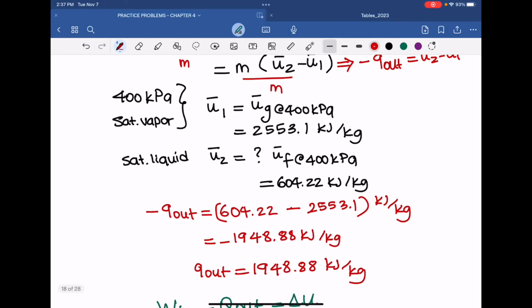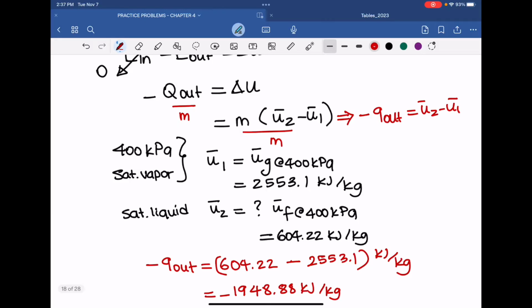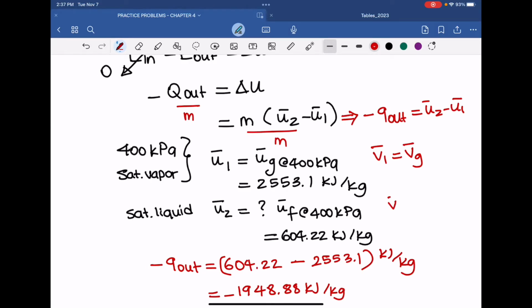And the volume change, and now for the volume change you will have to figure out the volumes, right? So for example, specific volume has to be vg at the first state, and it has to be vf at the second state at that pressure.